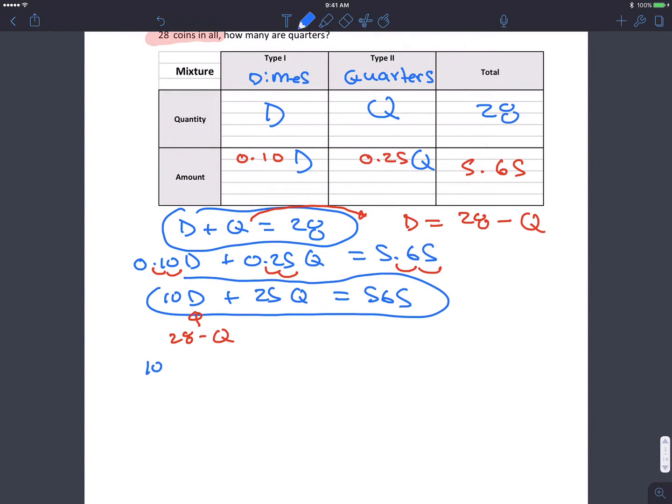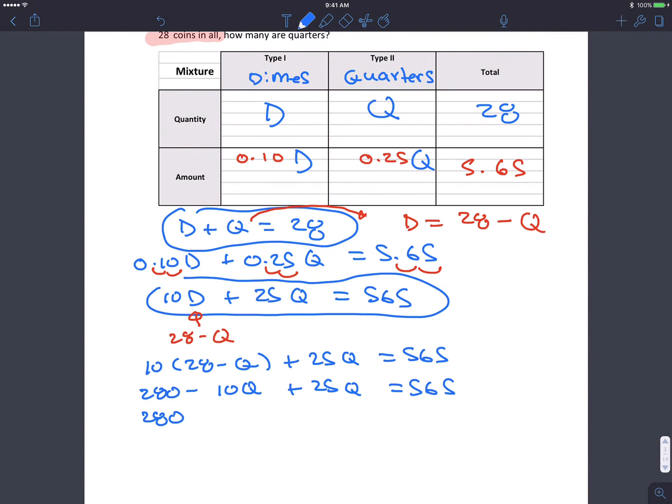We get 10 times 28 minus Q plus 25Q is 565. Distribute: 280 minus 10Q plus 25Q is 565. 280 plus 15Q is 565.